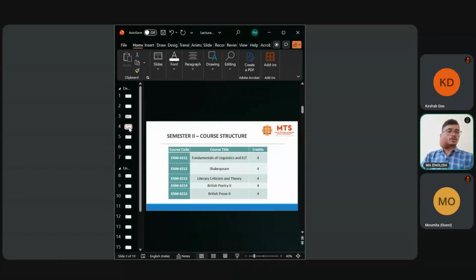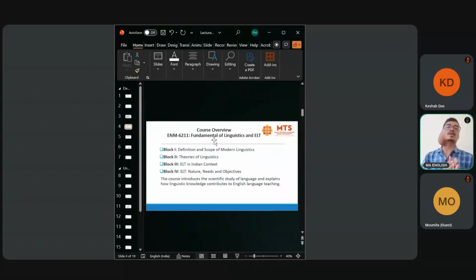Now let's move into the course overview of ENM 6211, Fundamentals of Linguistics and ELT. So there are 4 blocks. The first 2 blocks deal with linguistics, and the last 2 blocks deal with ELT.